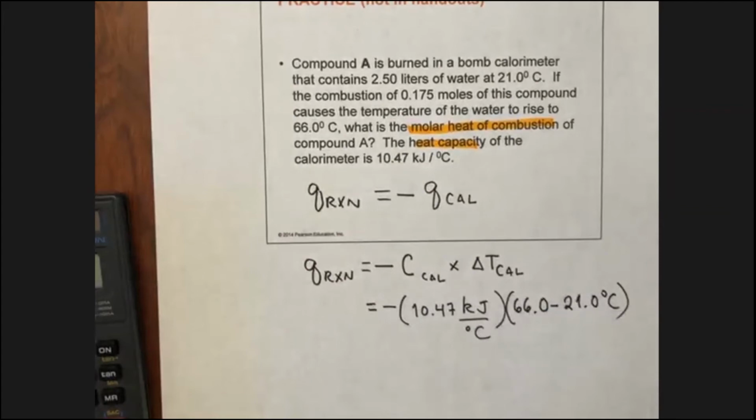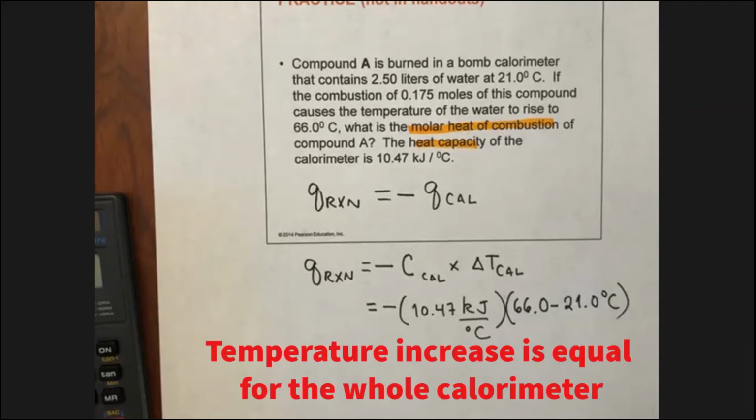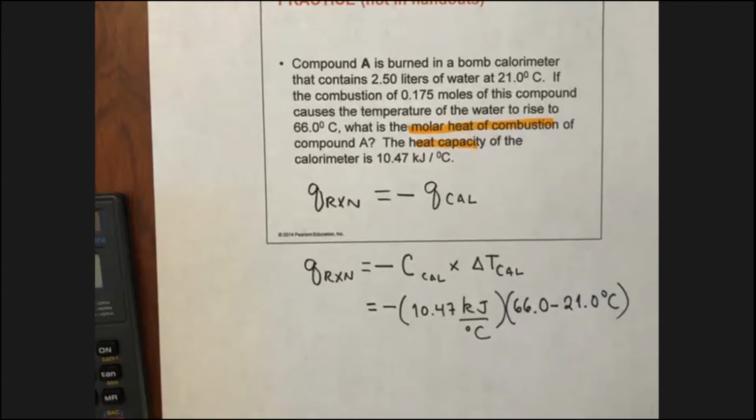We'll discuss the nuances of this kind of stuff, but realize that the assumption is that when we start at 21 degrees, it says the temperature of the water because that's where the thermometer is. But we assume that the whole calorimeter is at that temperature. Similarly, when it reaches 66.0 degrees, the assumption is that although what we're reading is the temperature of the water, the whole calorimeter is increasing temperature to 66.0 degrees.